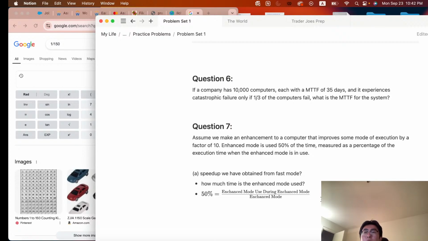T new is equal to F times the fraction that is enhanced times the old, divided by, so this is the enhanced part plus the unenhanceable part.